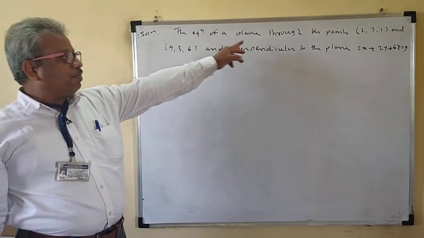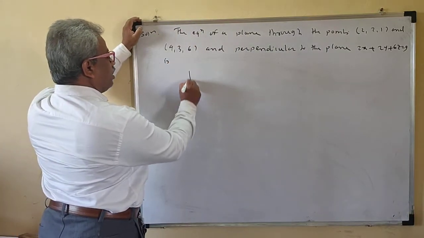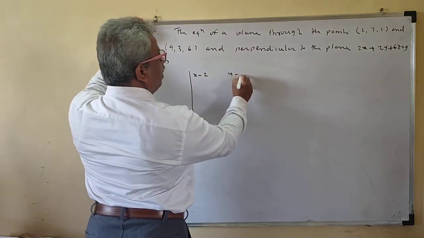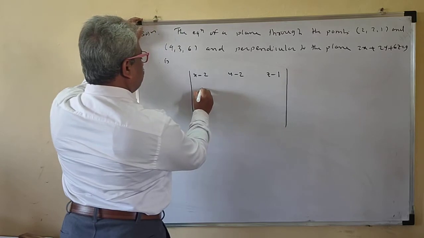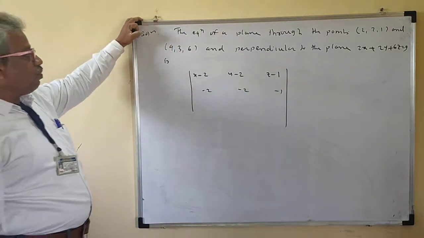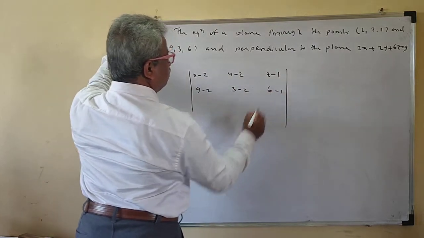The equation of the plane is given by the determinant. We'll use the first point (2, 2, 1): x − 2, y − 2, z − 1. The row of differences replaces point B: 9 − 2, 3 − 2, 6 − 1, which is 7, 1, 5.